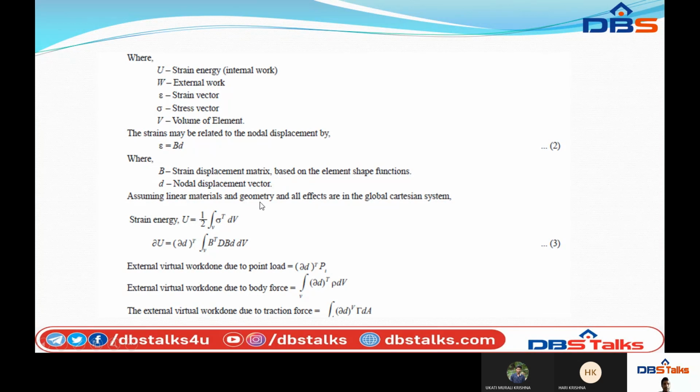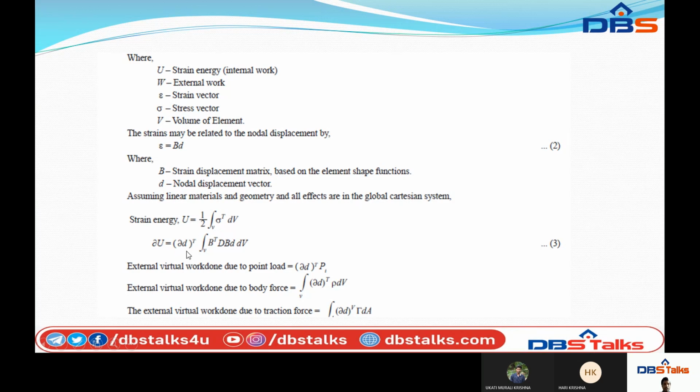Assuming linear materials and geometry, and all effects in the global Cartesian system. I am taking the global Cartesian system here, not the local coordinate system. Then the strain energy U equals half times the integral over V of σᵀ ε dV. Only internal energies are taken here.